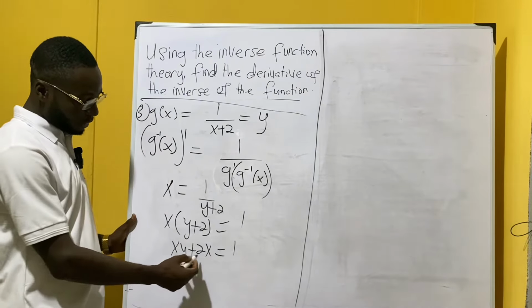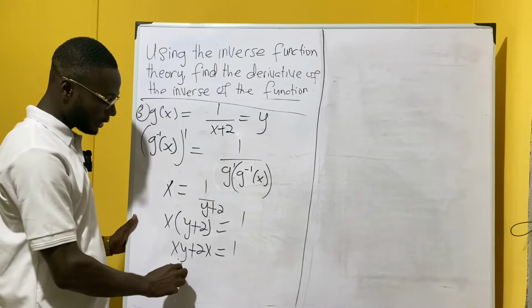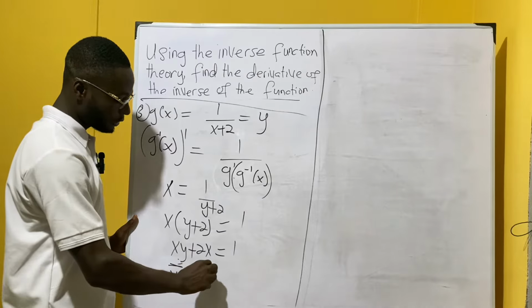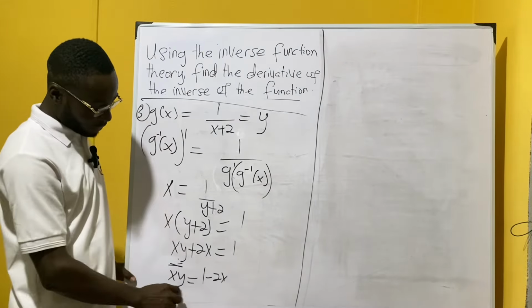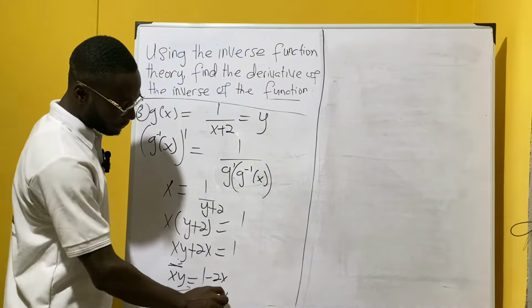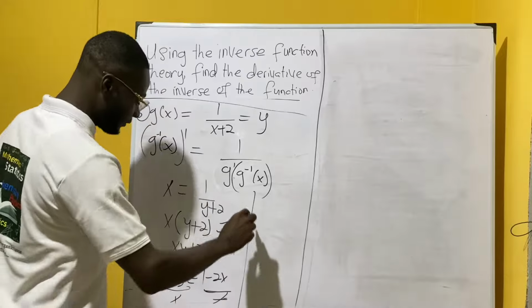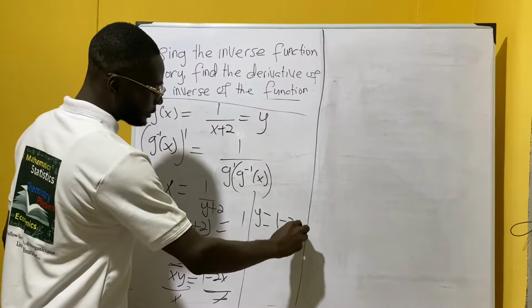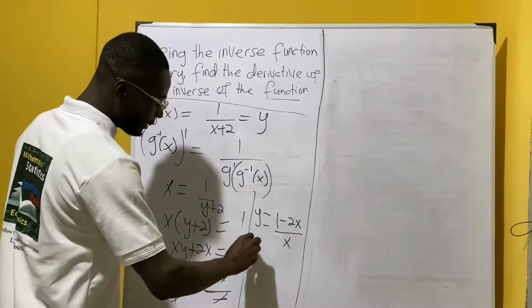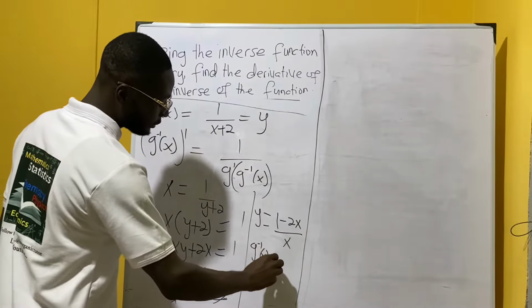So if you need y, send this here, maintain this here. So you have xy should be equal to 1 minus 2x, right? So if this is true, then we can divide by x here, and then we can have the y to be equal to 1 minus 2x all over x. And this becomes the inverse of g.